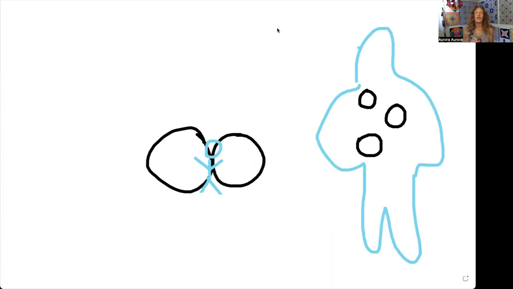Let me see if I can make my pen a little bit smaller here. Every single one of your cells has a chakra system. So for example, here would be the red chakra of this cell. And this one has one too, but we're going to make it go at an angle so that you can see that one's not a very healthy cell. That one's actually not in perfect alignment with the source.